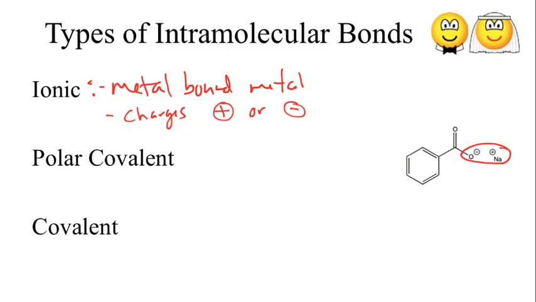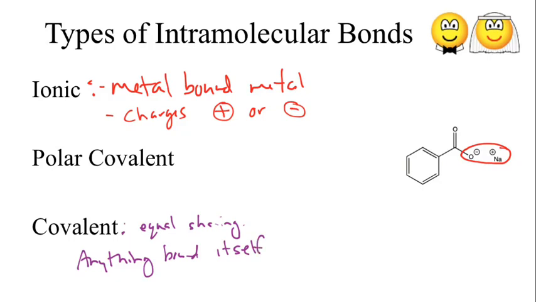Okay, covalent bonds are equal sharing of electrons. We're looking at equal sharing of electrons. So anything bound to itself counts as a covalent bond, or in some classifications, nonpolar covalent.